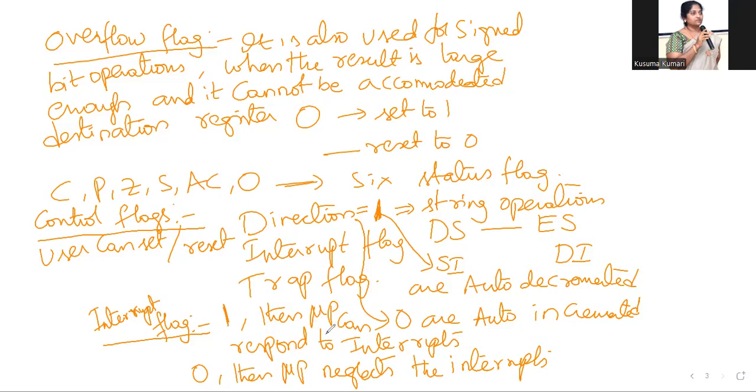We can discuss this in detail later, but the interrupt enable flag can be set or reset. If it is set, the microprocessor can respond to interrupts. If it is reset, the microprocessor neglects the maskable interrupts. That is the interrupt enable flag.